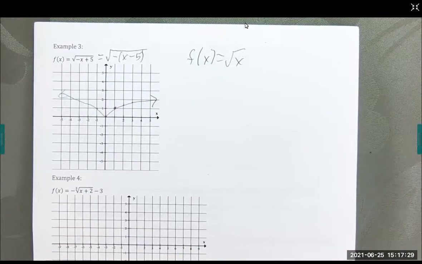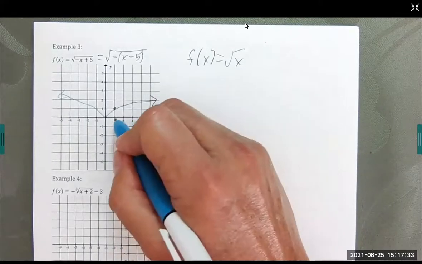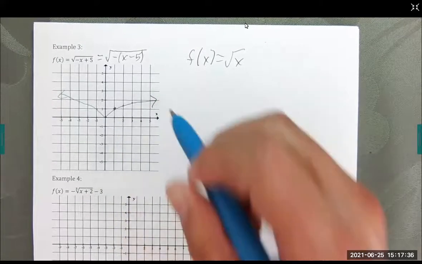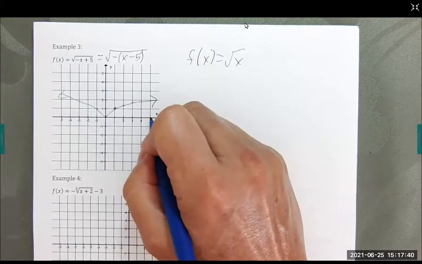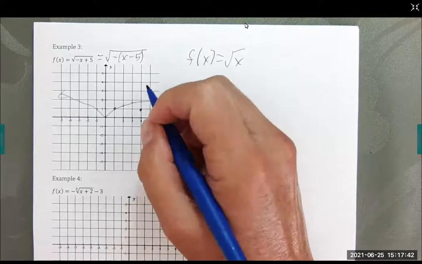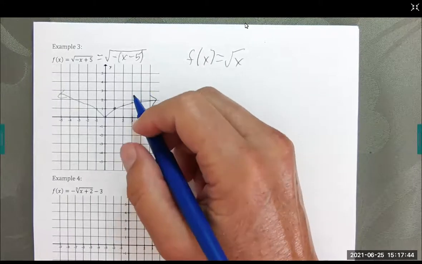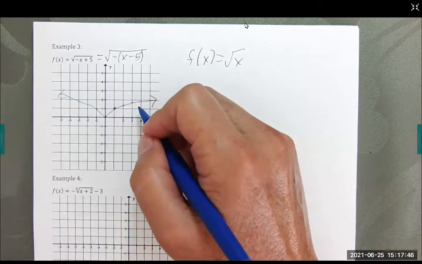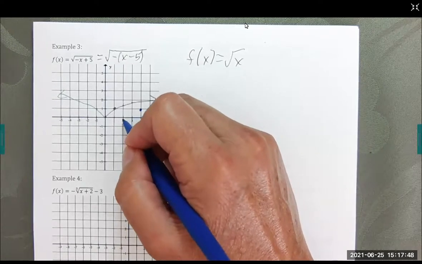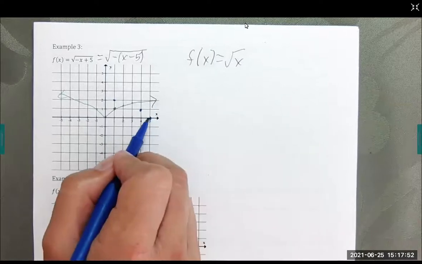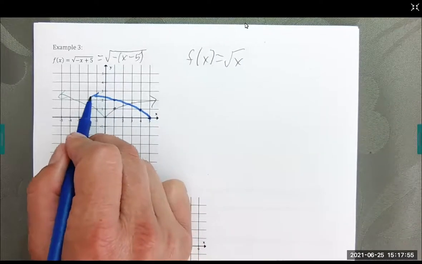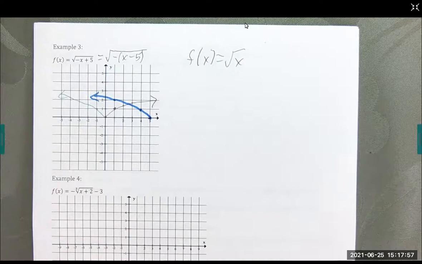And now we're going to move it to the right 5. 1, 2, 3, 4, 5. So we're here. And let's use the better pen. So we're looking at this as our graph. So the blue is the final graph.